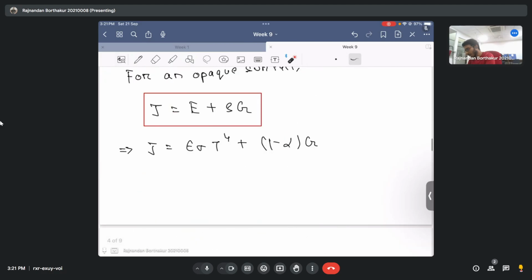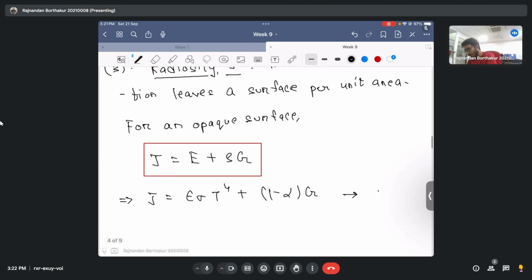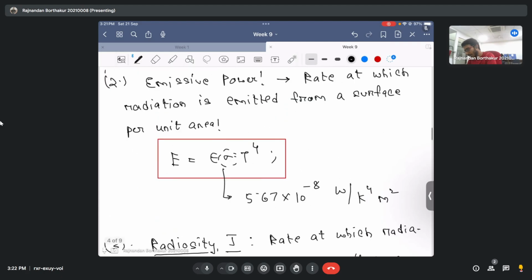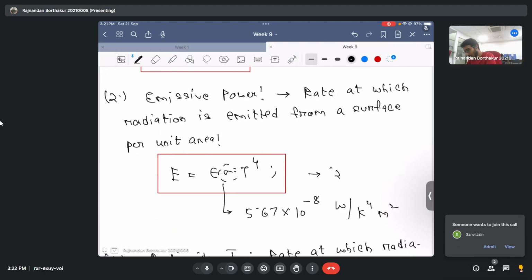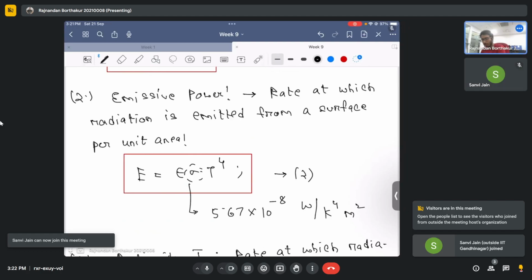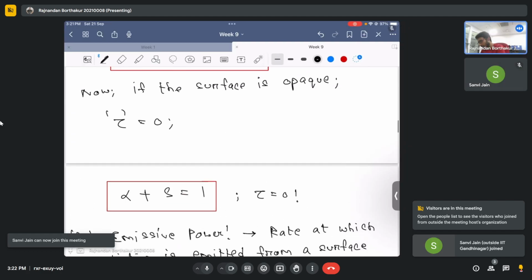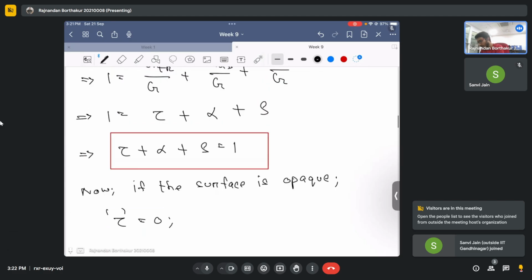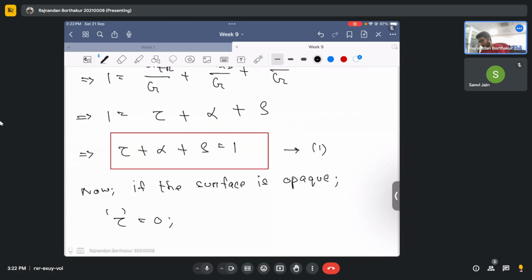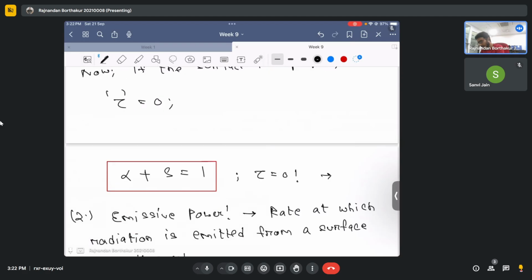Okay, so this is one form of writing your radiosity in terms of the emissive power, the absorptivity times the irradiation. Let's say we name this equation as 2, and we name the earlier equation as 1, and this is your 1A.